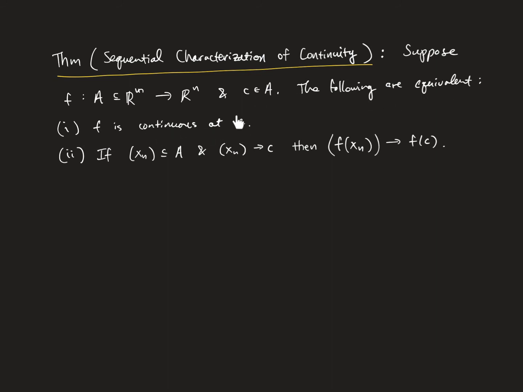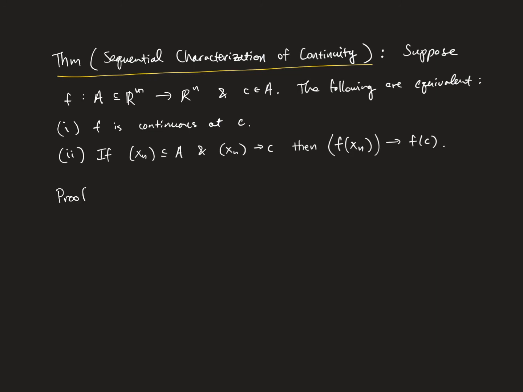F is continuous at this point in the domain. And then we have the second statement here that if you have a sequence drawn from the domain which approaches that point C, then the sequence of values, right? So you look at the value of the function along that sequence, that has to approach f of C. So that's equivalent to saying that the function is continuous at C.